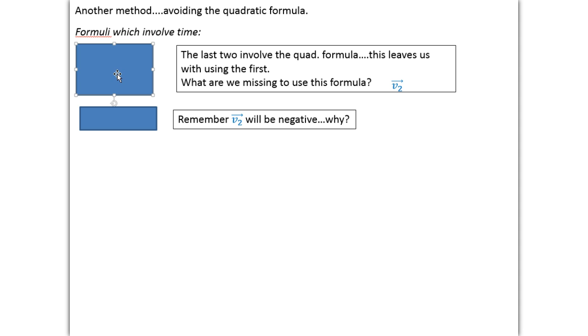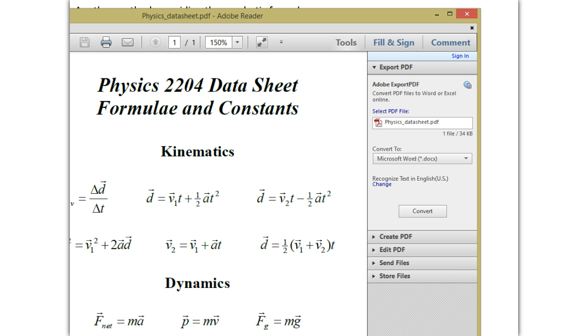First thing you have to do is to look at all your formulas which involve time. If you go back to your formula sheet and look at those formulas which involve time, we have this one here, next to, and here.